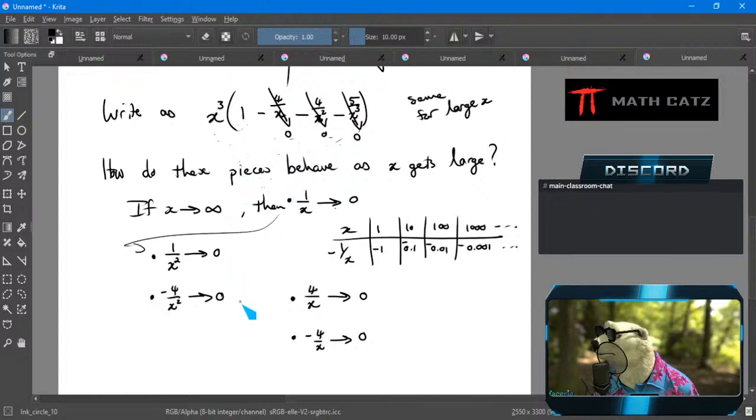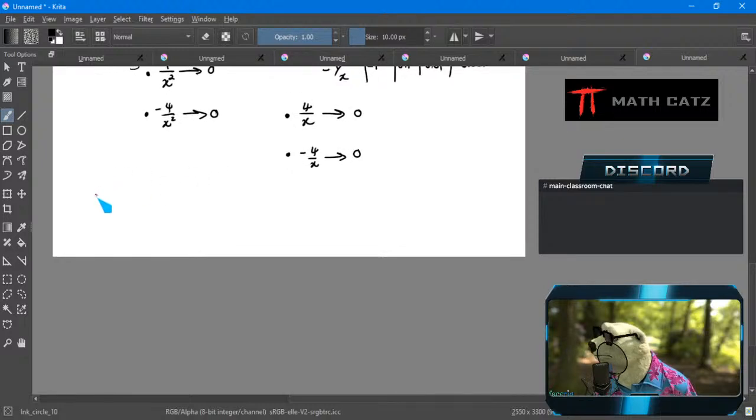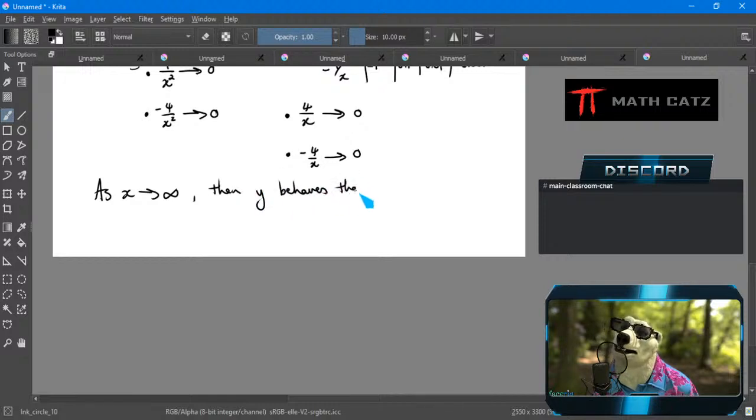We say that as x approaches infinity, meaning x grows bigger and bigger in size, then I'll say it here: y behaves the same as x cubed times 1, because those are the only things that are left.